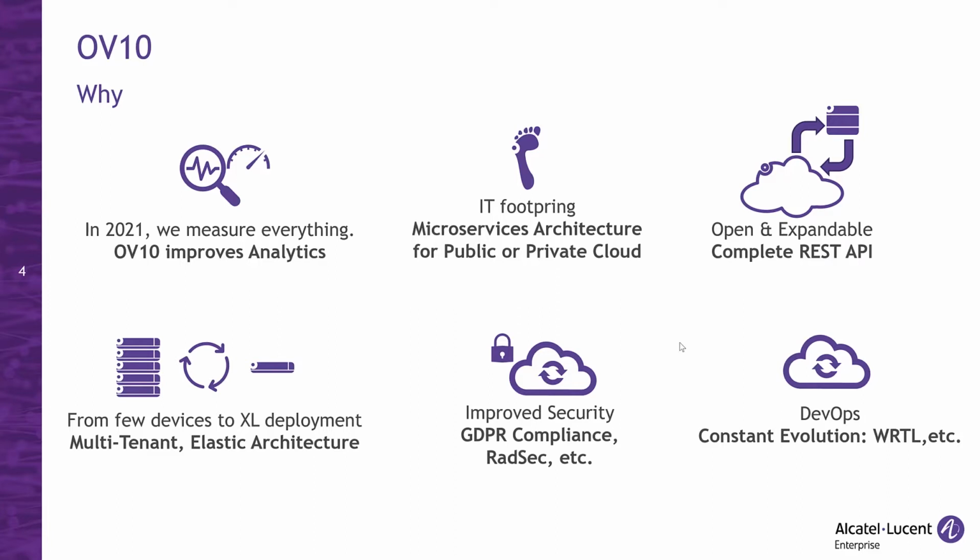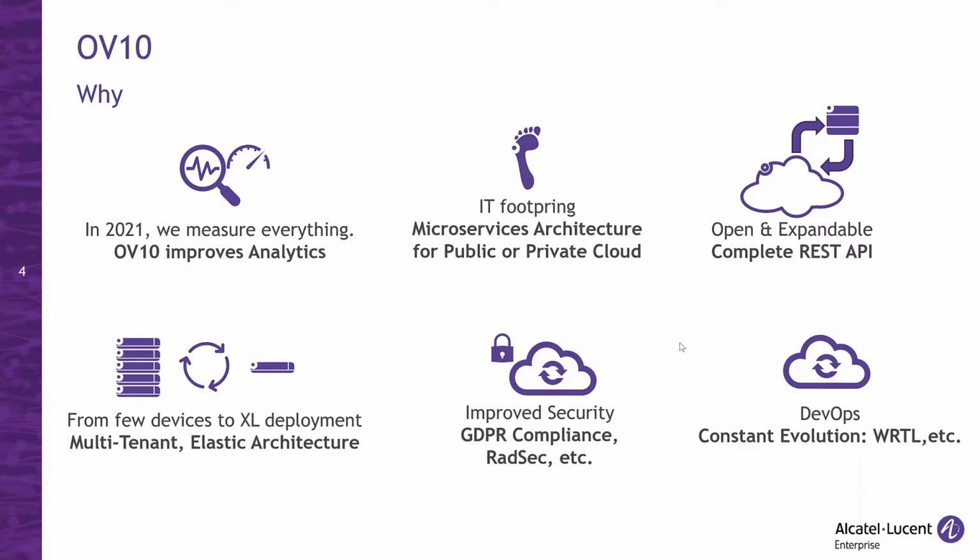A second important point is the IT footprint. Current OV4 is a monolithic system with almost the same size for any customer. With OV10 or OV Next Generation, we are rebuilding the whole system with a microservices architecture.